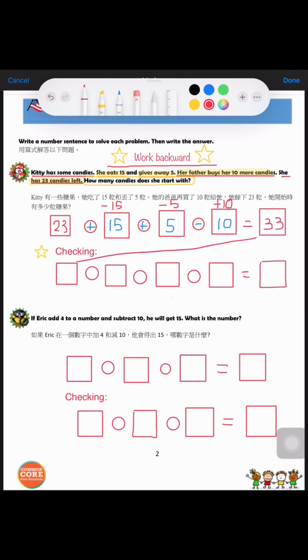Let's do the checking. If she has 33 candies in the beginning, and then she eats 15, which is minus 15, and then she gives away 5, which is minus 5, then her father buys her 10 more, so it should be plus 10.